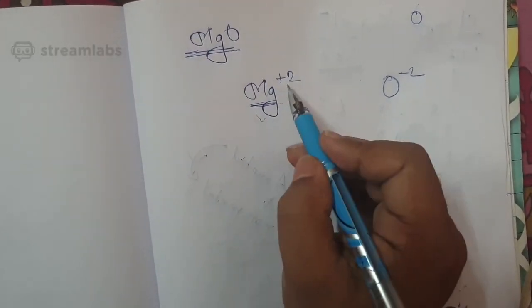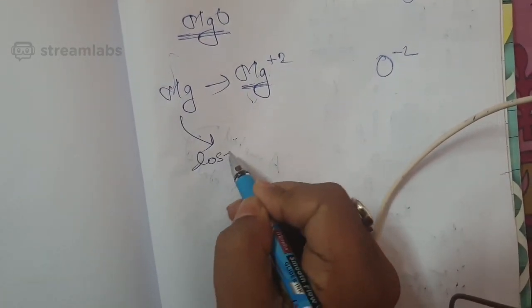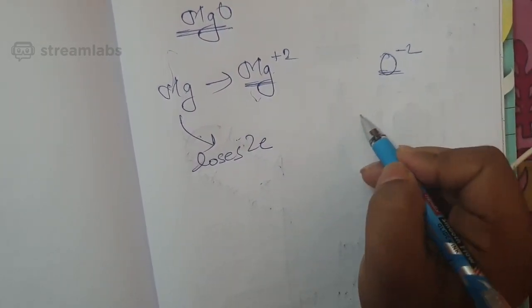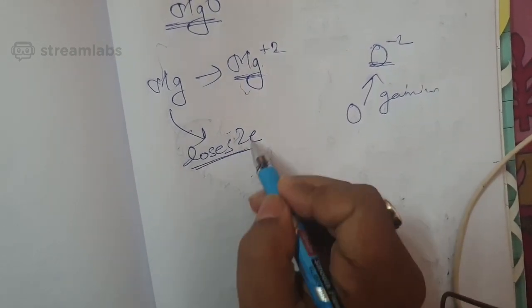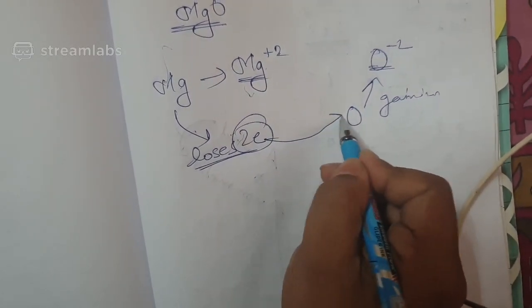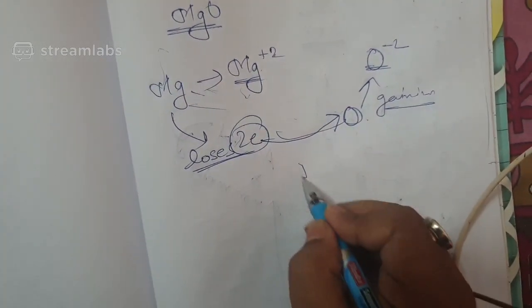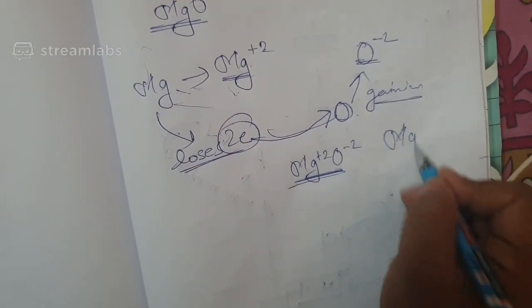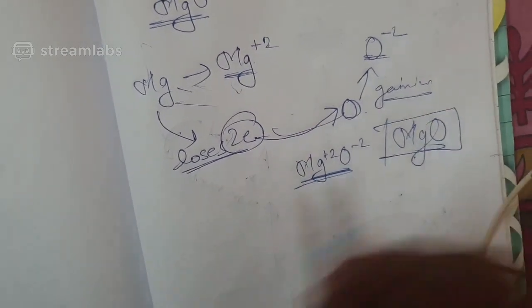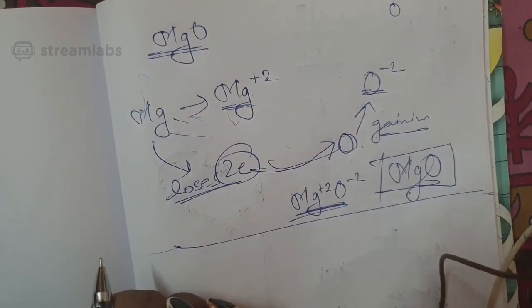Magnesium loses its 2 electrons, becoming Mg+2, and oxygen is becoming O-2 because it gains 2 electrons. The 2 electrons lost by magnesium go to oxygen, and they come in close proximity to each other. Mg+2 and O-2 have a huge force of attraction between them, and they form MgO. So that is an electrovalent compound, and this type of bonding is electrovalent bonding.